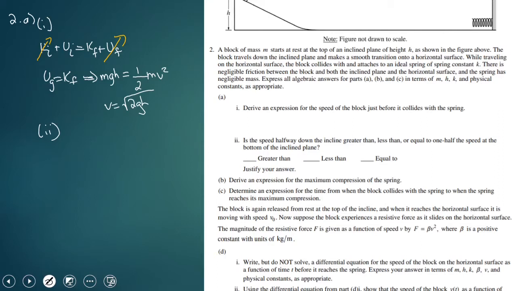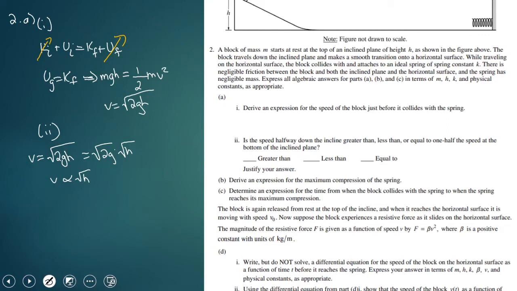What we know is that from the previous expression, we have velocity is equal to root 2gh, and just using some algebra, that's equal to root 2 times root h. And so what we know is that velocity is proportional to root h. So velocity divided by root h is a constant. Velocity is directly proportional to root h.